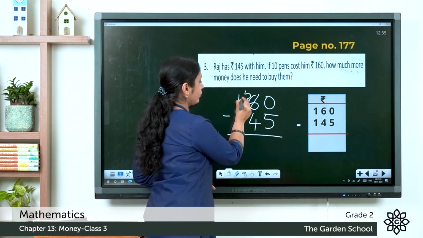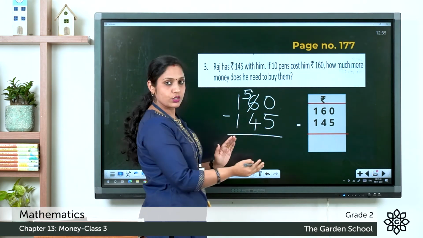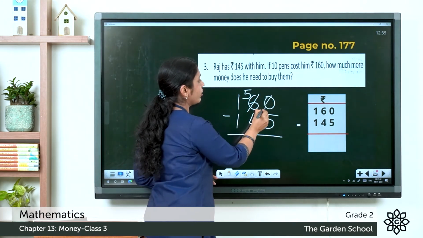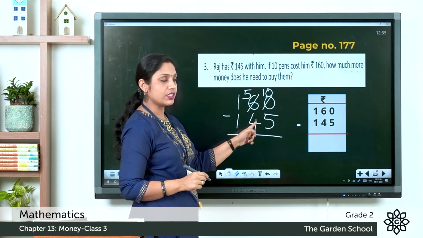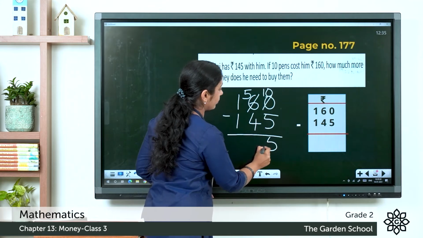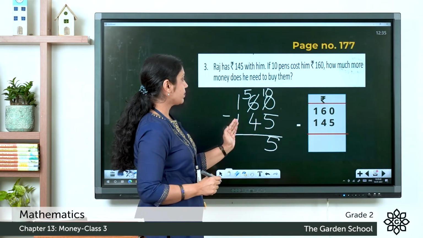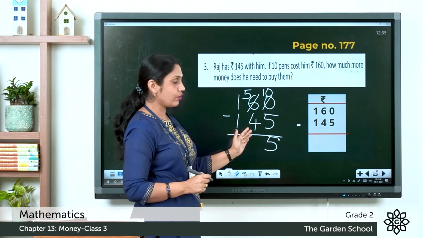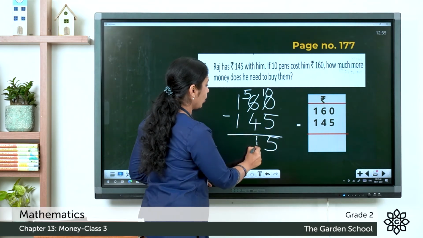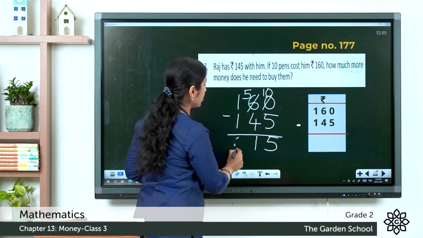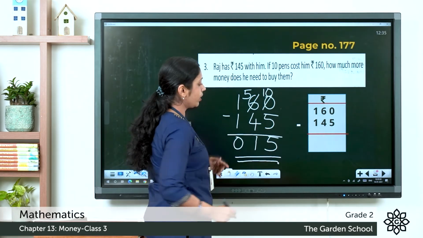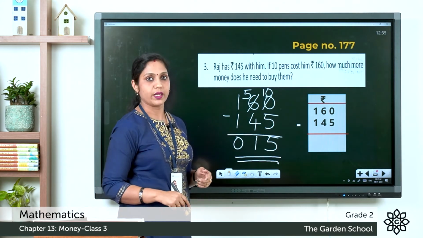We'll write 5 here and take 1 to the ones place. So now we have here 10. Now we'll subtract 10 minus 5 is equal to 5. Now in the tens place we have 5 minus 4 and that is equal to 1. In the hundreds place we have 1 minus 1, that is 0. So he needs 15 more rupees to buy those 10 pens.